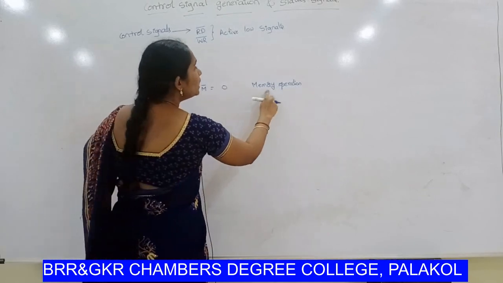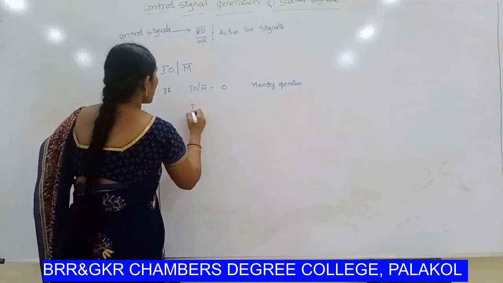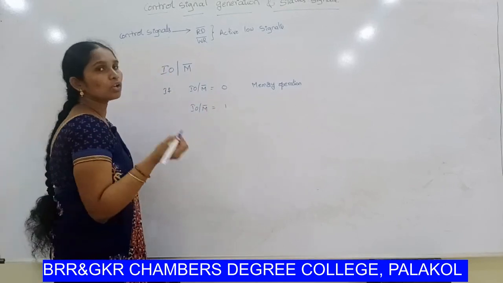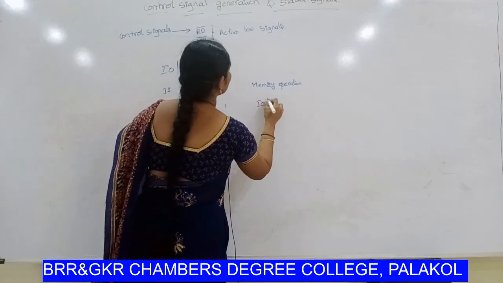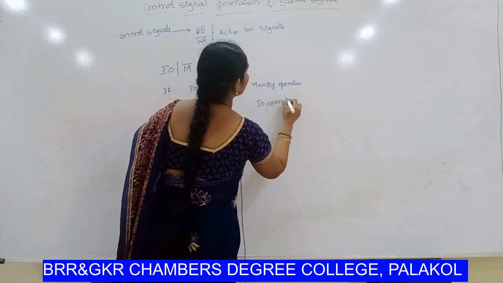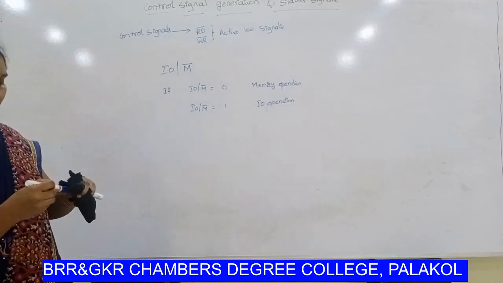If IO by M bar is equal to 1, it will perform the IO operation.